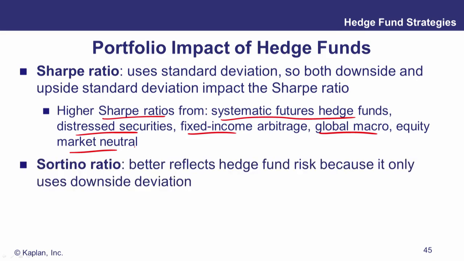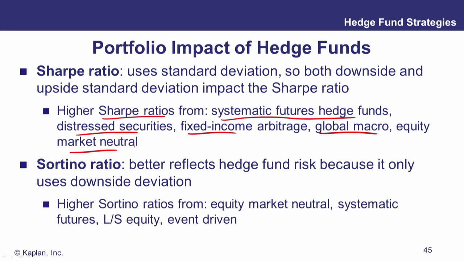The Sortino ratio, we talked about that a second ago as well, so it only looks at downside deviation. High Sortino ratio specifically, bit of overlap here, so equity market neutral, systematic futures, those were in the previous example, but also long-short equity and event-driven tend to give you a higher Sortino ratio.